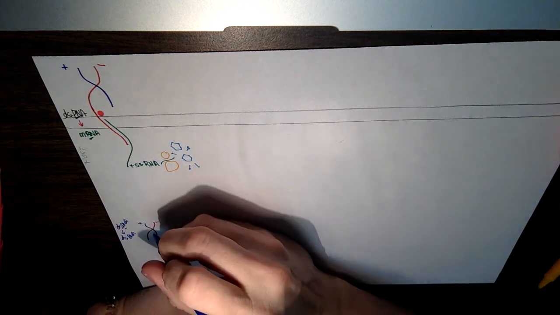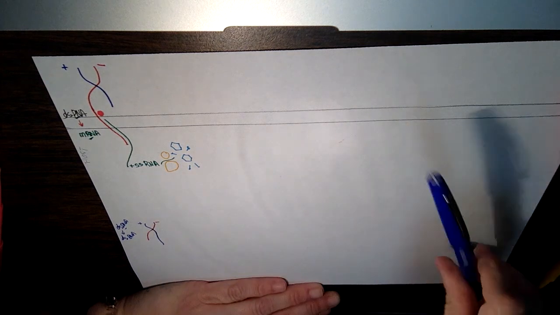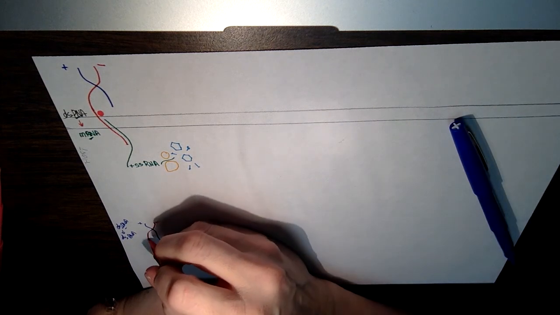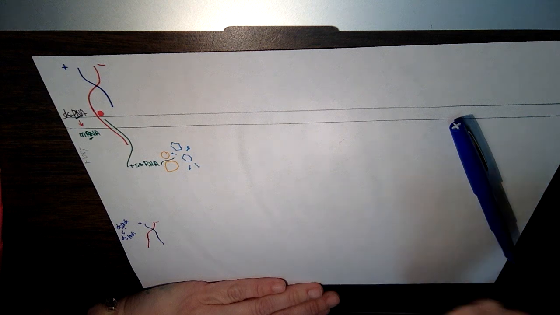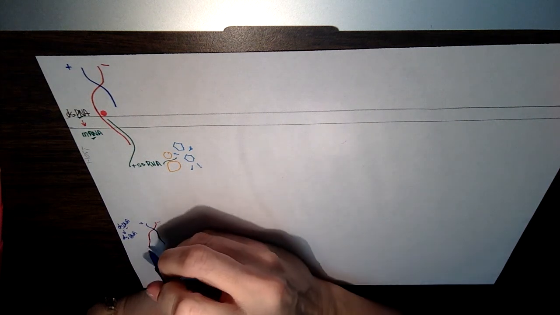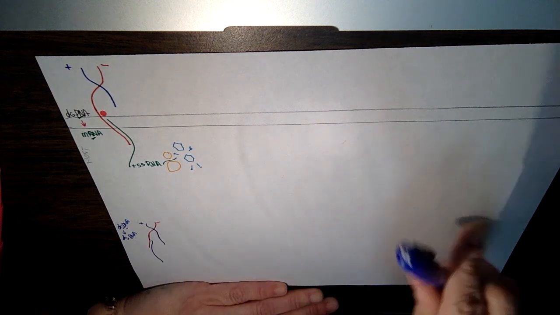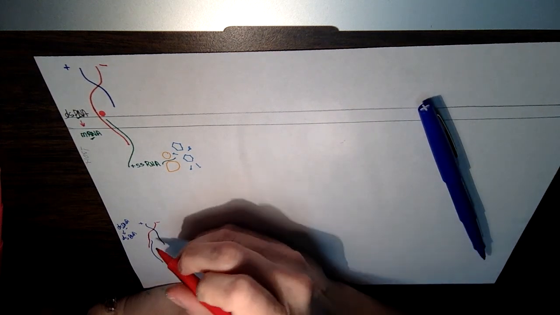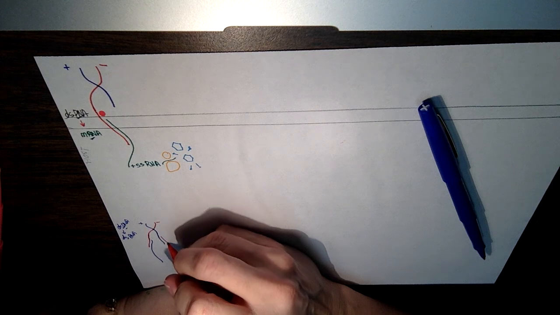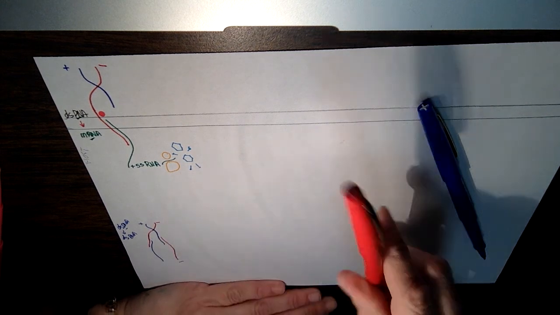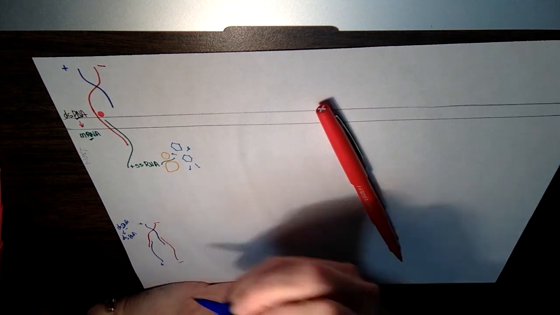So what happens is that this opens up, and both strands are exposed. And now our negative strand can make a new positive strand, and our positive strand can make a new negative strand. So we get a new positive and negative strand.